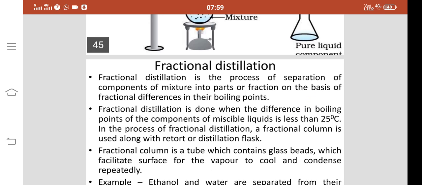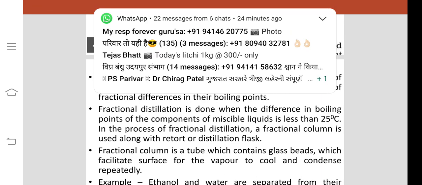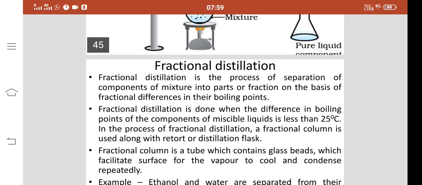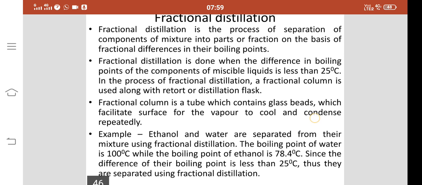A fractional column is a tube which contains glass beads which facilitate surface for the vapor to cool and condense repeatedly. Example: ethanol and water are separated from their mixture using fractional distillation.